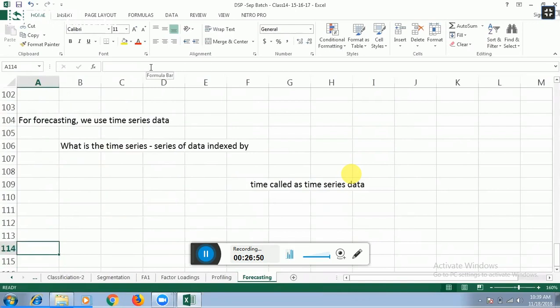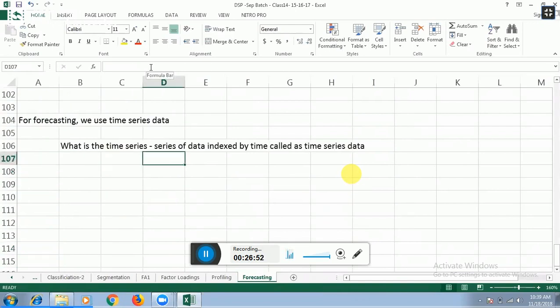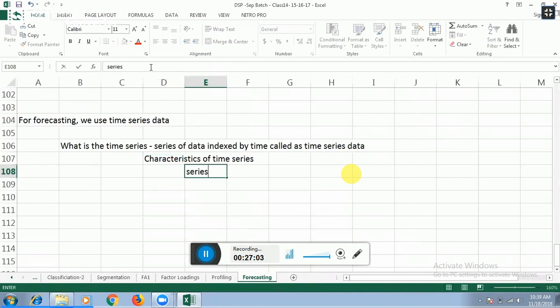Okay, so there are a few characteristics of time series. First, the series should be indexed by time, and it should have a uniform interval. The time interval should be uniform.